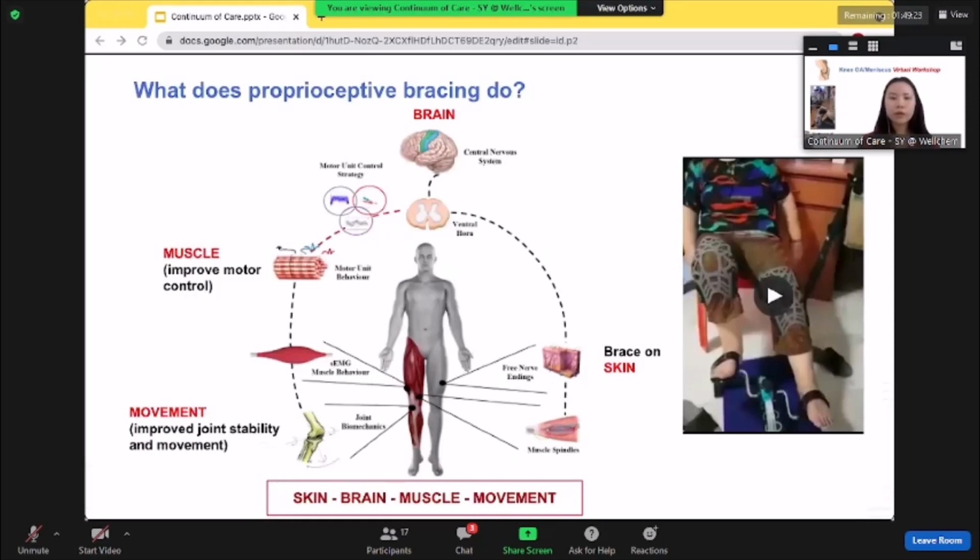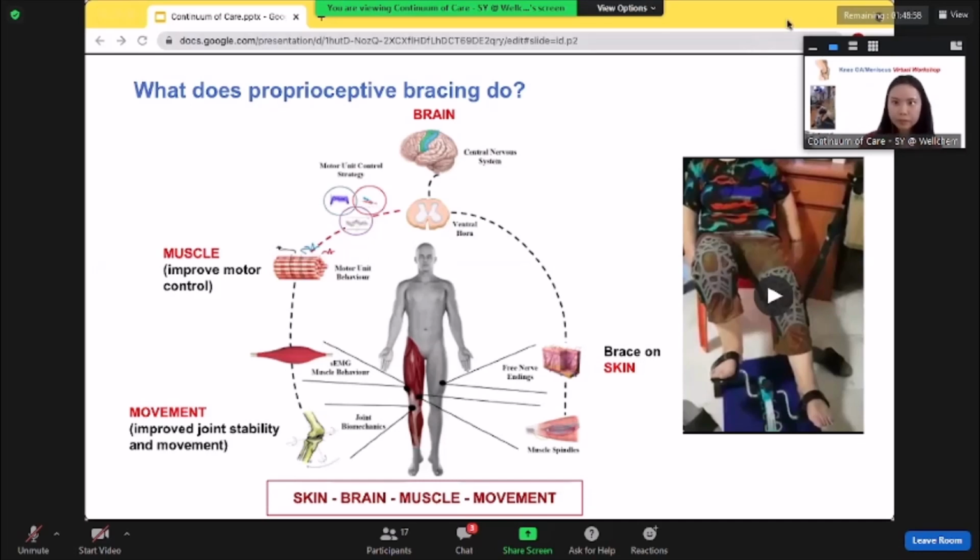So how can proprioceptive bracing help patients with OA? In the case of OA patients, they typically have impaired proprioception in their knee, and this impaired proprioception leads to reduced knee protection, and this results in even more degenerative changes.